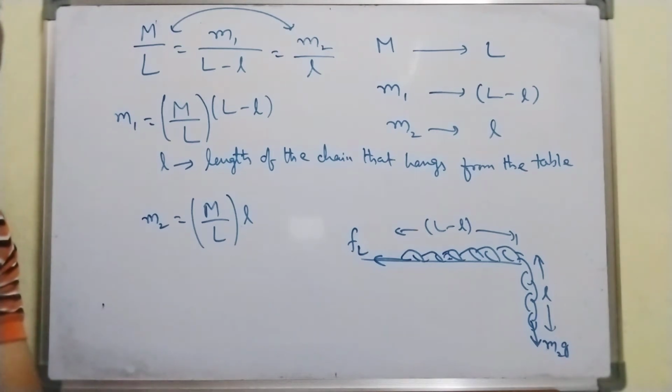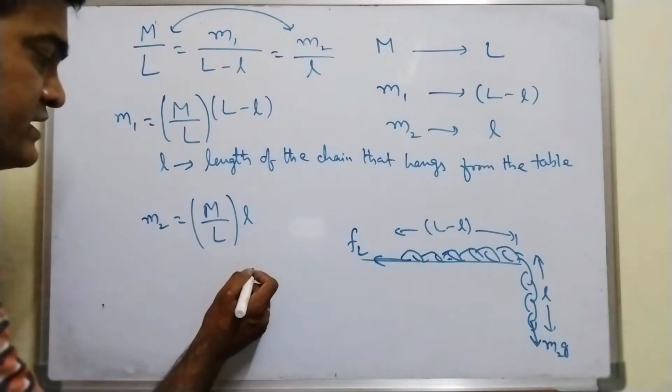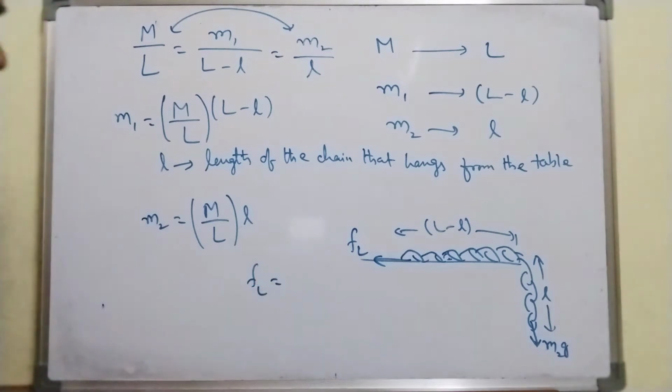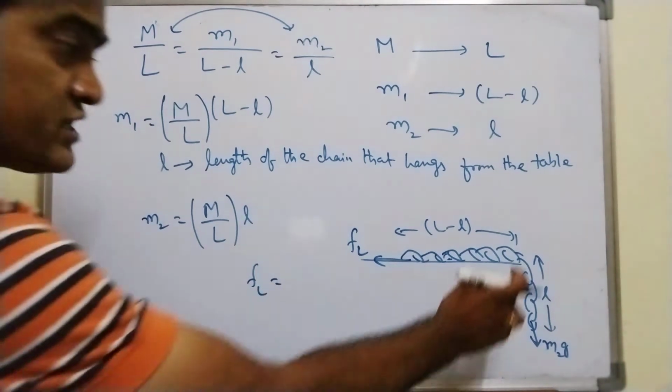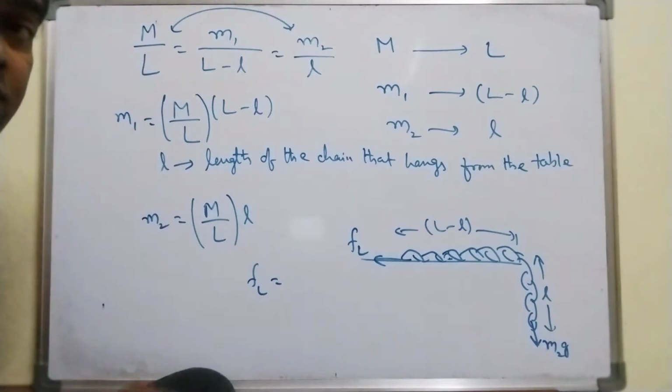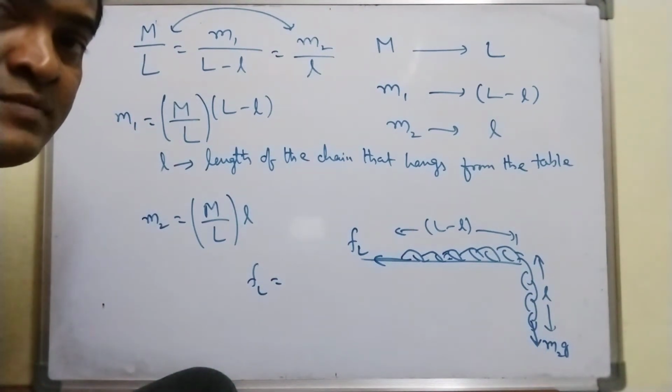I want the value of small l. Now what is the value of limiting frictional force? This must be equal to the weight of the hanging chain, because this is under equilibrium.